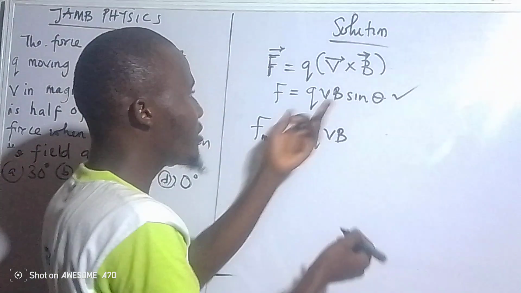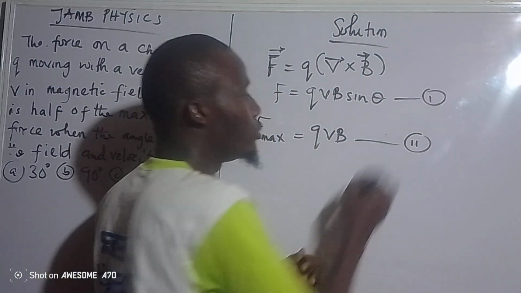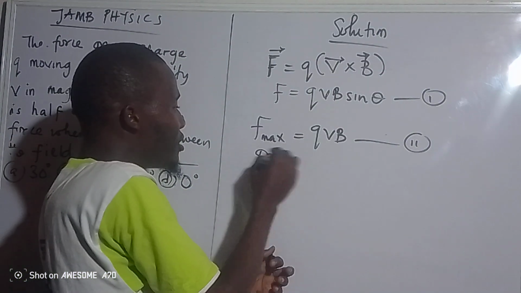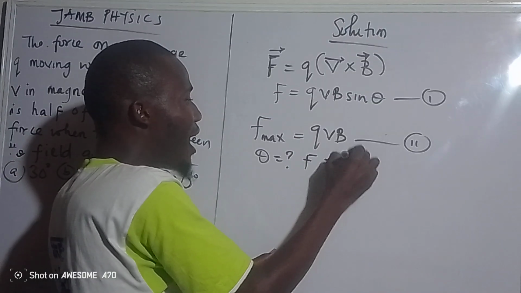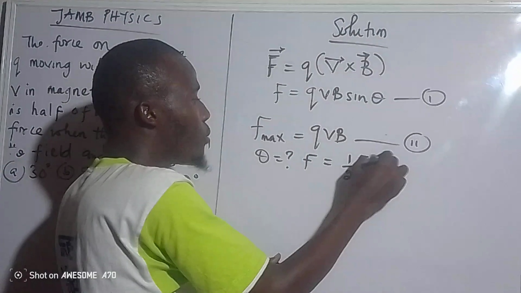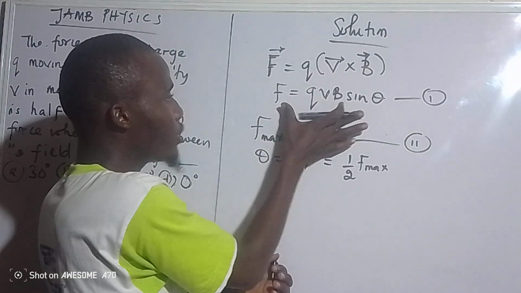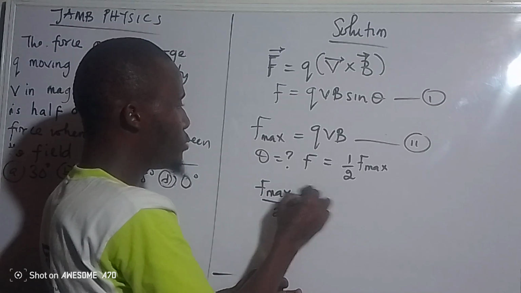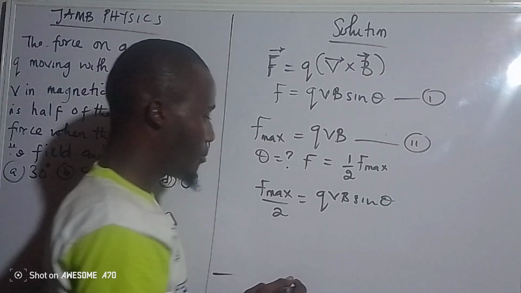So we are now asked to find theta. We can call this one equation 1, and this one equation 2. So we are now asked to find theta when this particular force is 1/2 of the maximum force. So what can we say? We can come back to equation 1 by saying F max over 2 is going to be QVB sine theta.